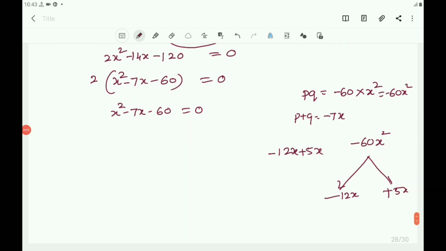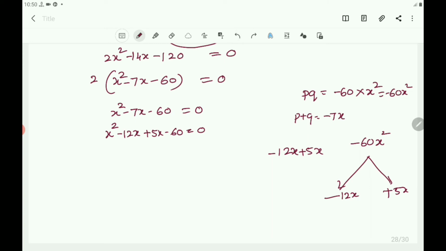Write x square. Now you will get 4 terms here. Minus 7x can be treated as minus 12x plus 5x minus 60 equals 0. Then make groups of two terms.